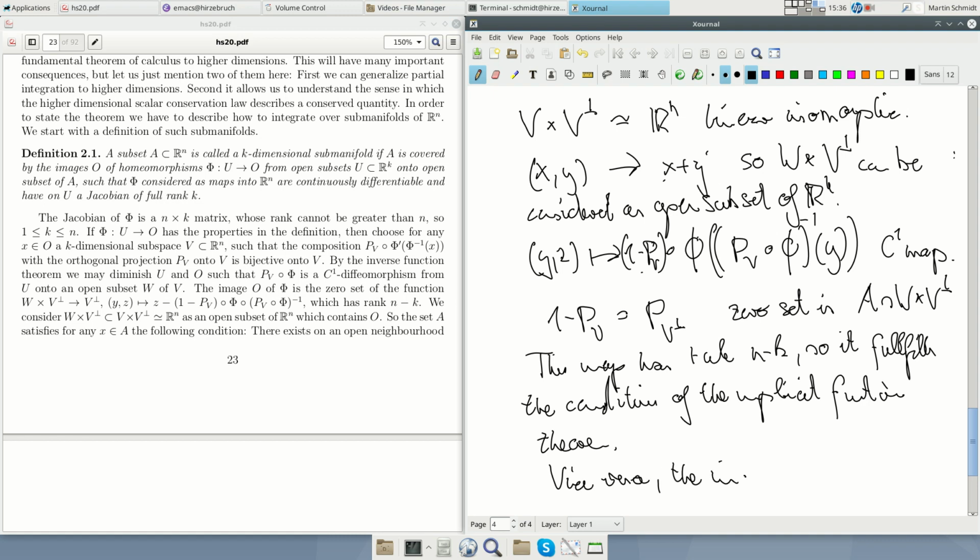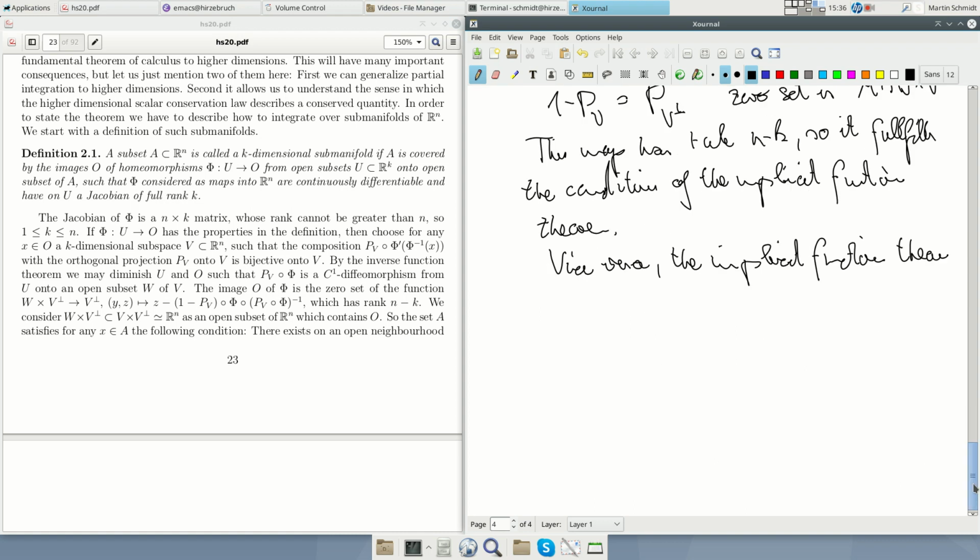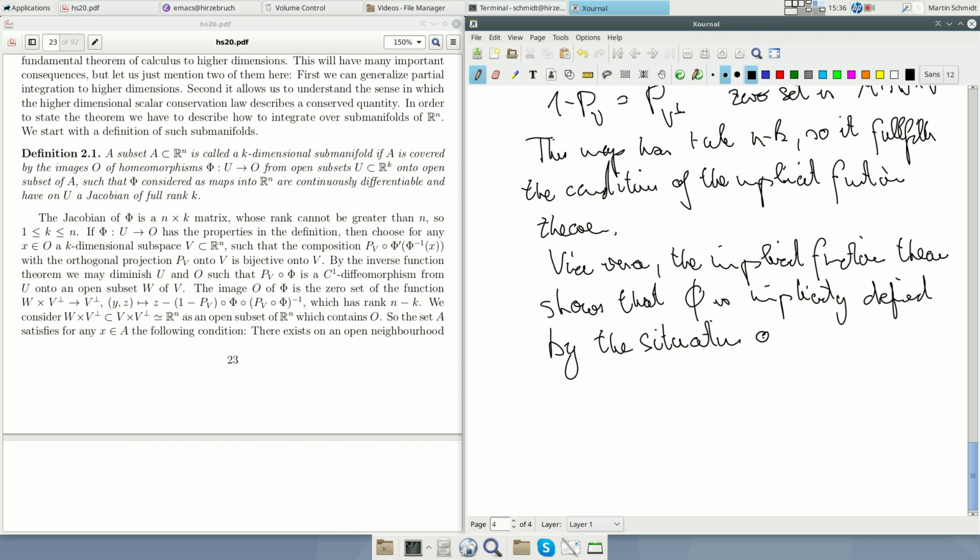The implicit function theorem shows that phi is implicitly defined by the situation of the implicit function theorem.